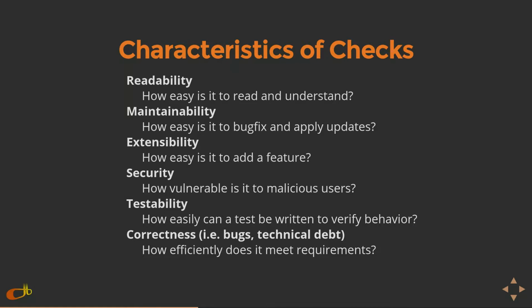As we go through some of these examples, we're going to refer back to these characteristics of good code. Anytime we see one of those checks, we'll think, oh, okay, so readability, for example. If I, as a developer, can't pick up your code and read and understand it within a reasonable amount of time, I'm wasting time.